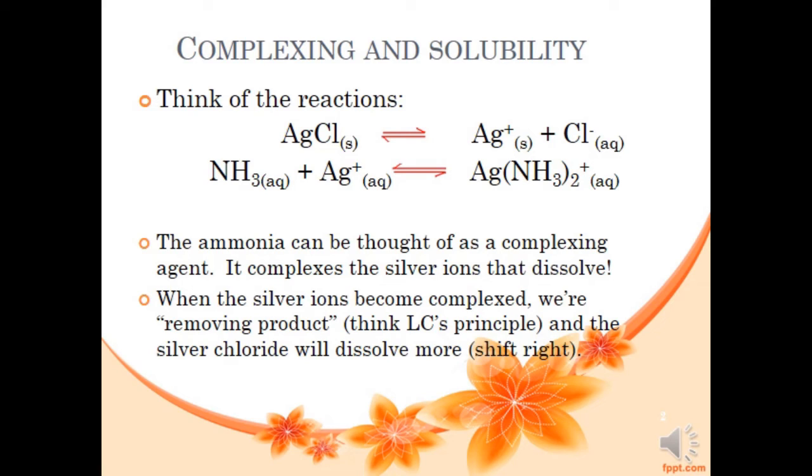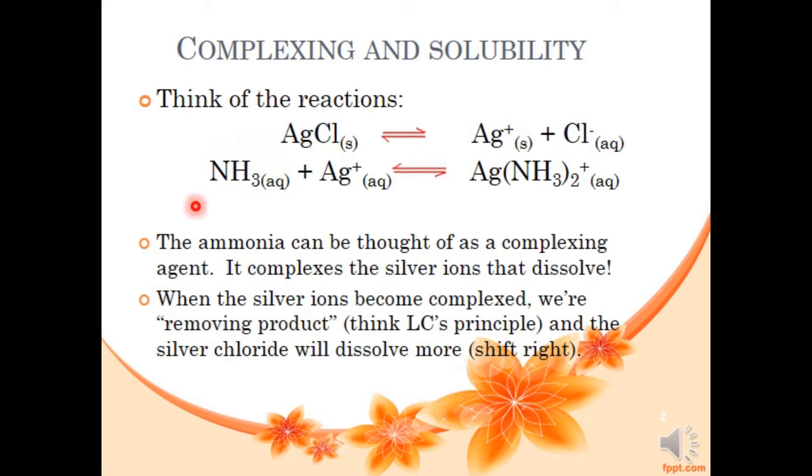Let us look at one example, which is silver chloride salt. We write the dissociation of the salt: you will form Ag+ aqueous as well as Cl- aqueous. This should be aqueous, not solid. Then comes the complexing agent. One example is ammonia.